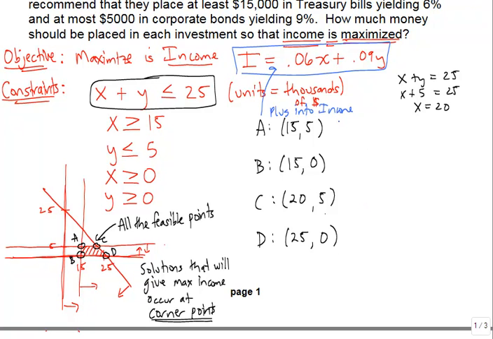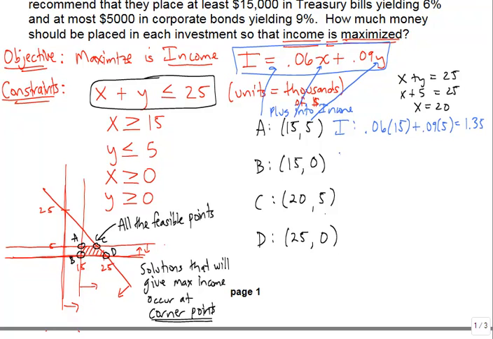For example, if I take x is 15 and y is 5, we would get 0.06 times 15 plus 0.09 times 5, and you're going to have to trust me that on your calculator that gives you 1.35. You can plug that in to double check.